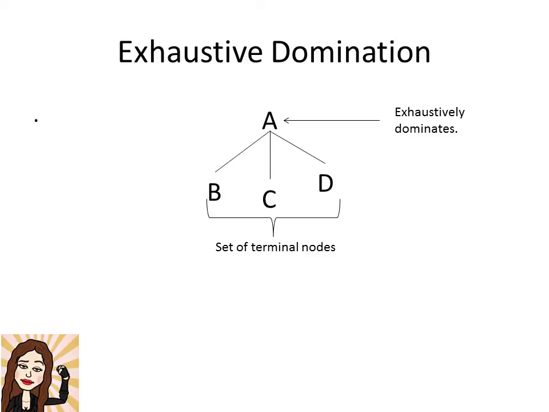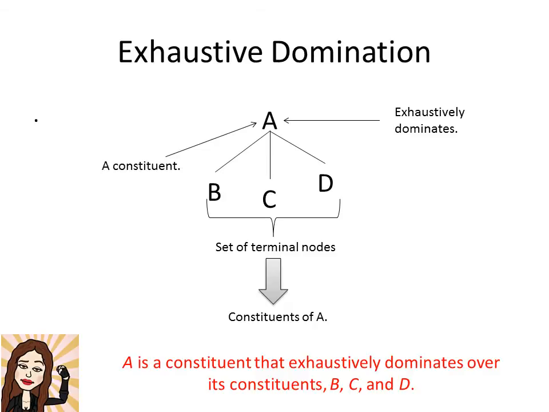A is considered to be a constituent, and the set of terminal nodes are constituents of A. We can rephrase this more elegantly as A is a constituent that exhaustively dominates over its constituents B, C, and D.